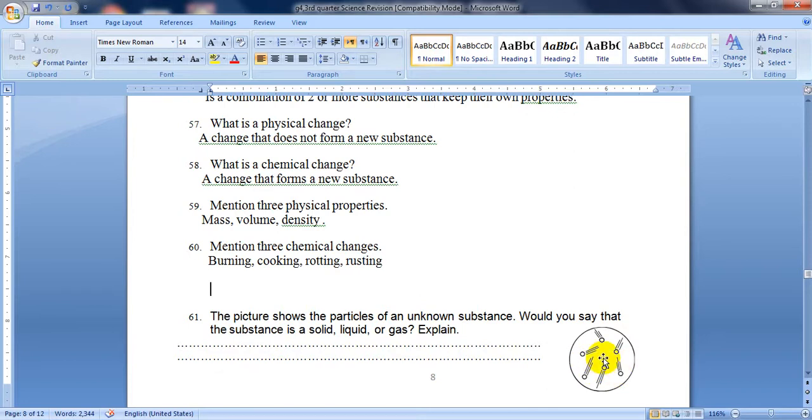So which state of matter was this? We said that the one which has large spaces between the particles is a gas.